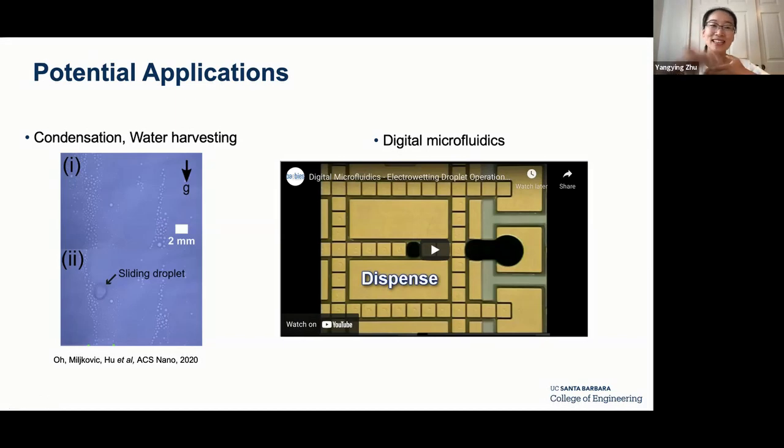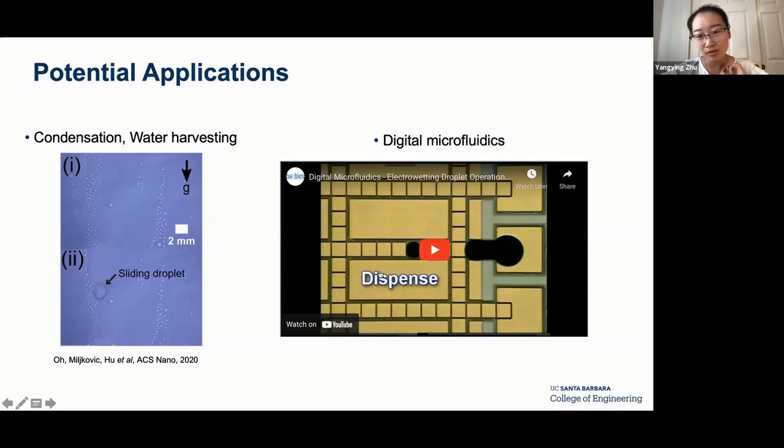Conventionally you need to tilt the substrate, you need gravity. You need to shed those droplets due to some sort of force. But in this situation, where you can simply shine light on the droplet, the droplet may be able to spontaneously move from one side to the other. And this will be, again, very interesting for microgravity applications where there's no buoyancy, no gravity at all.